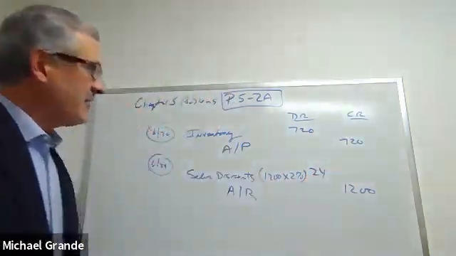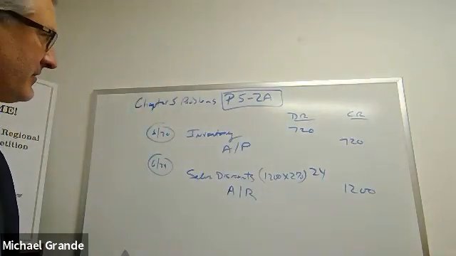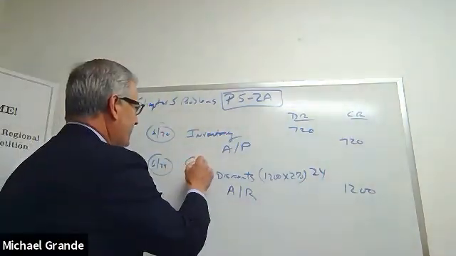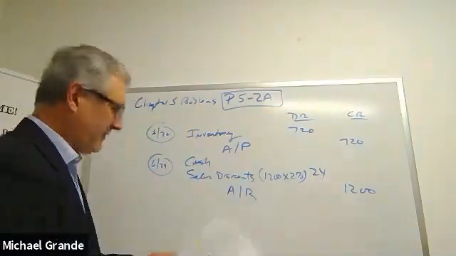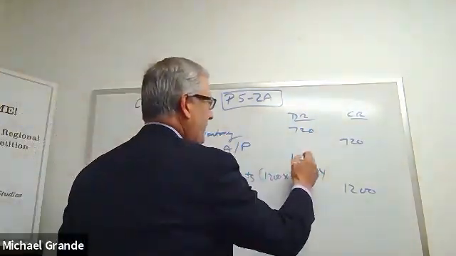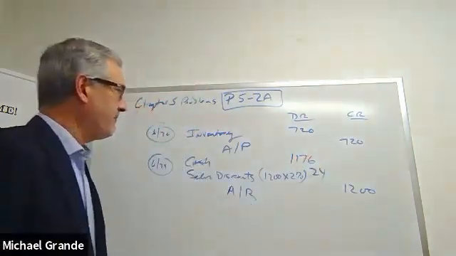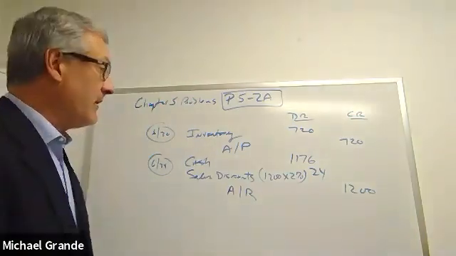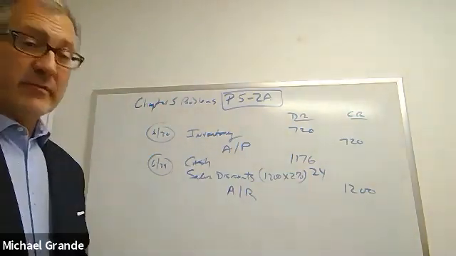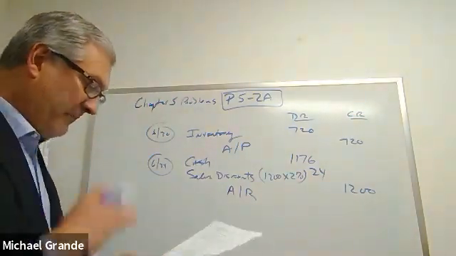So we have a debit to sales discounts for $24. Well, the amount of cash that they receive, 1,200 minus the $24, is $1,176. So they're receiving $1,176 from their customer. The original receivable was $1,200.